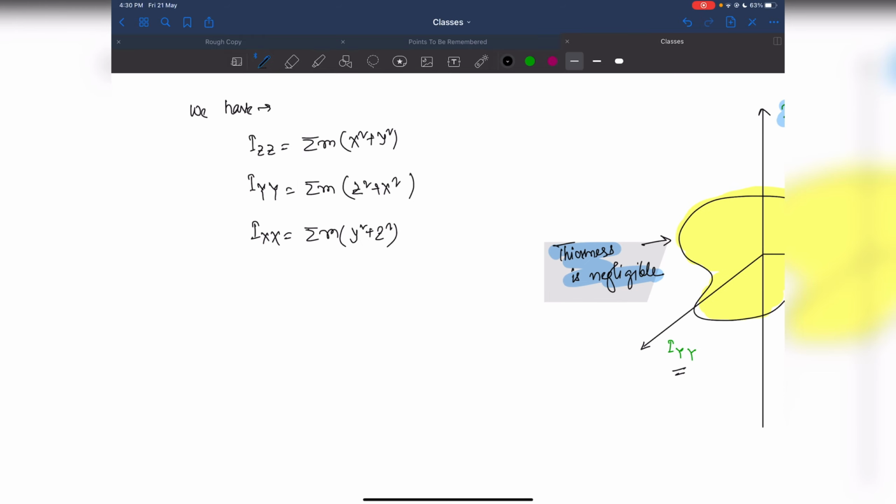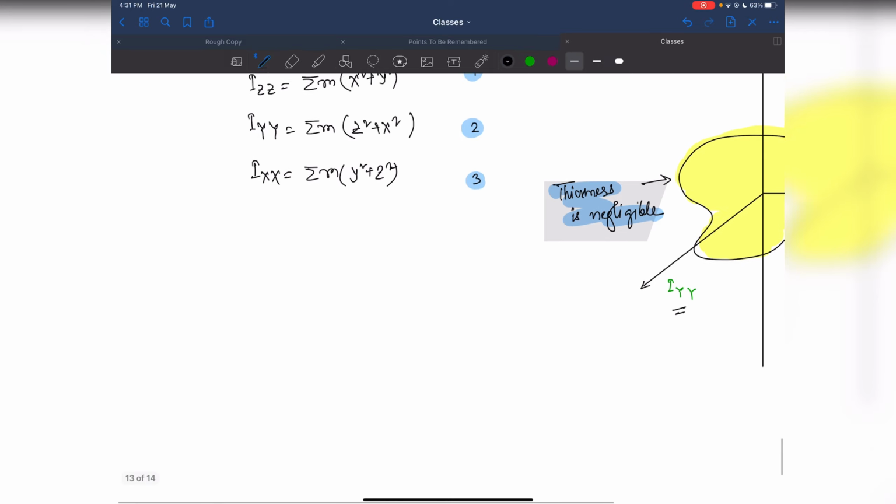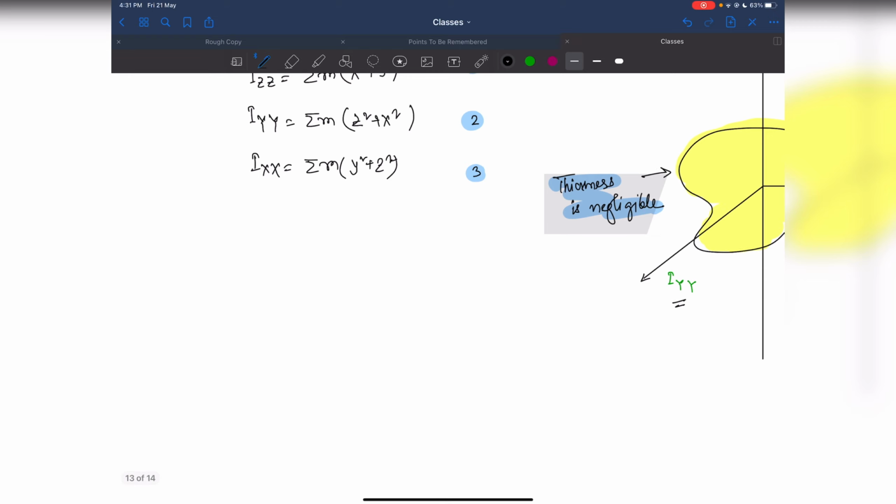Okay, I can label these as 1, 2, and 3. So I can add 2 and 3.